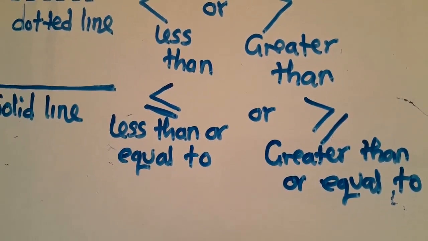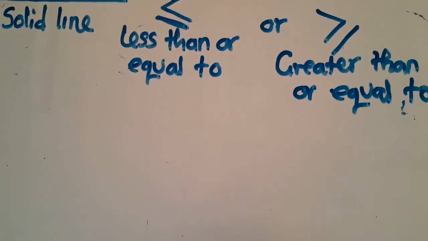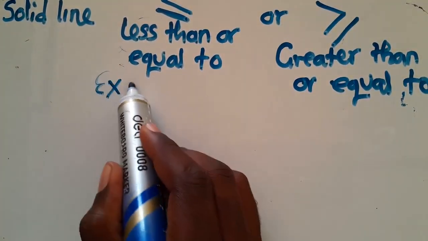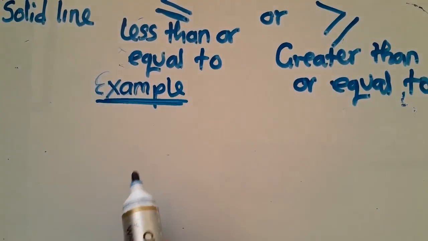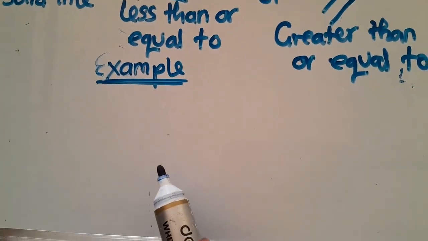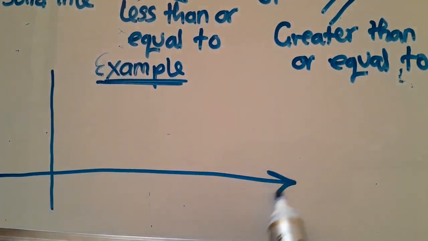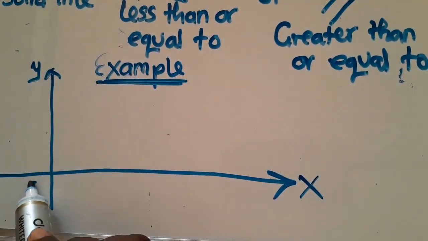Let us now look at a simple example. I want you to look at this example. You know that this is the X-Y plane. This is the X axis, then this is the Y axis, like this.